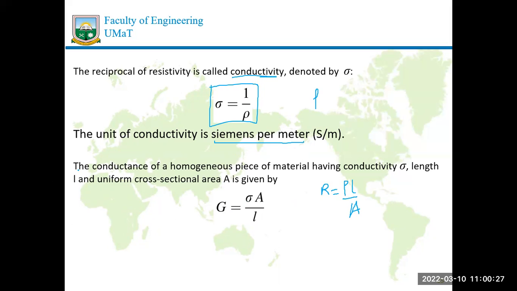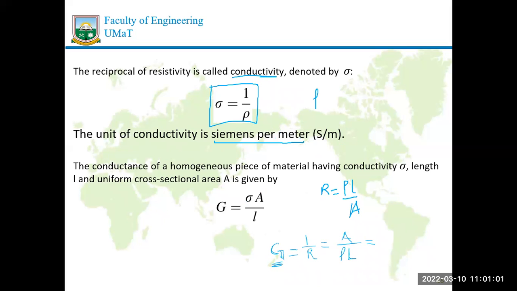And for conductivity, if it's the inverse of resistivity, that means that I'll have 1 over R being equal to the area divided by rho L. All right. And that will help me get my conductance G. But we know that 1 over rho is our conductivity.